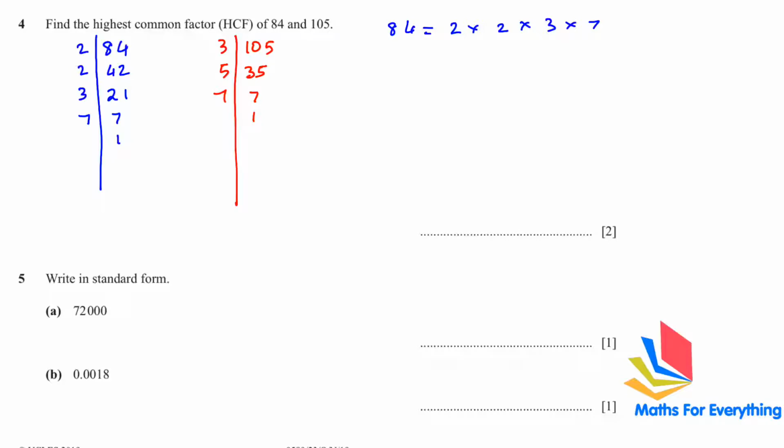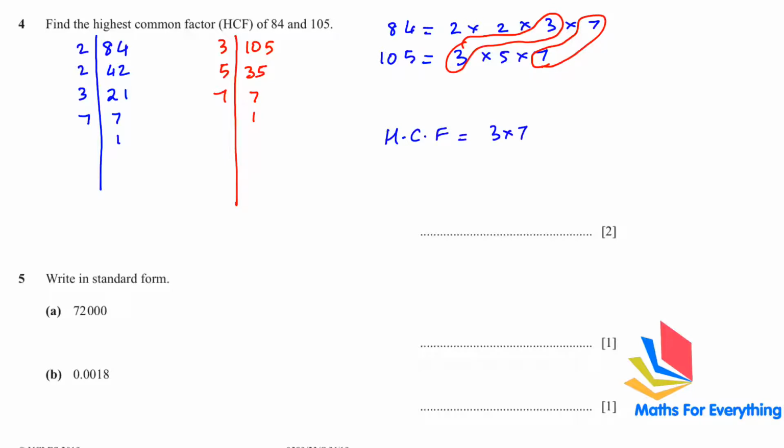The prime factorization of 105 is 3 times 5 times 7. After this step, whatever is common, circle it. So we have a 3, which is common, and 7. So your HCF is 3 multiplied by 7, which is 21.